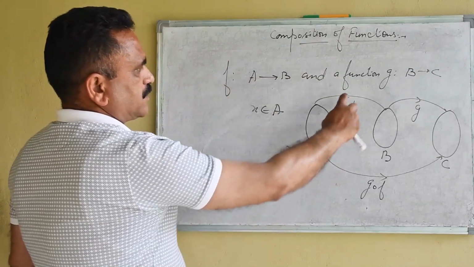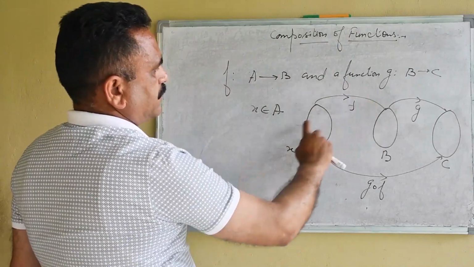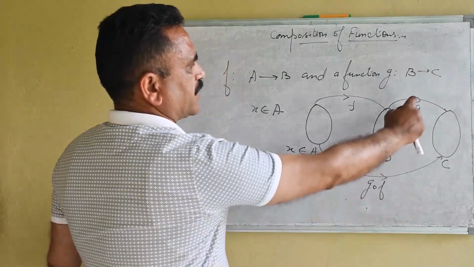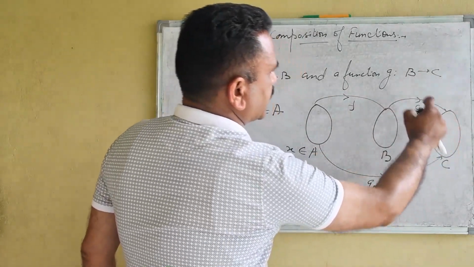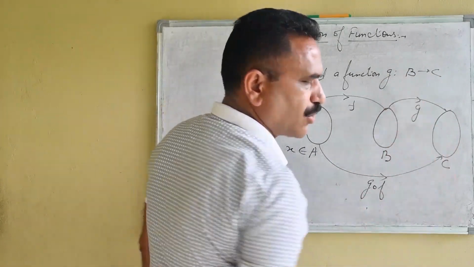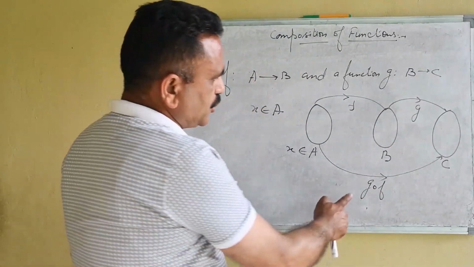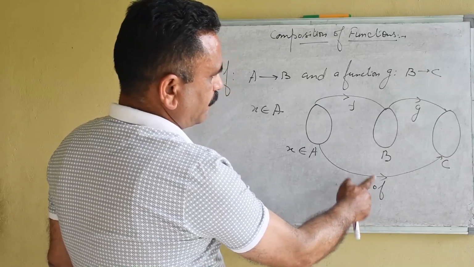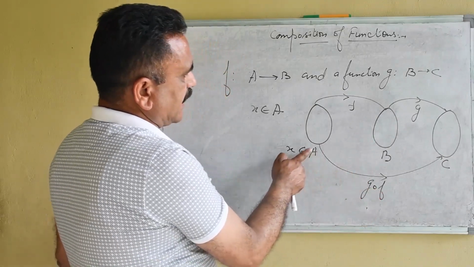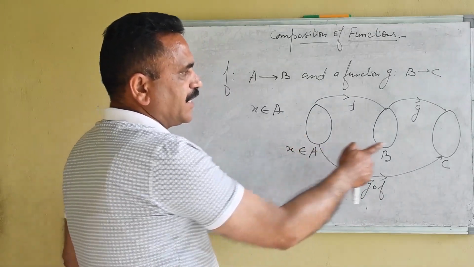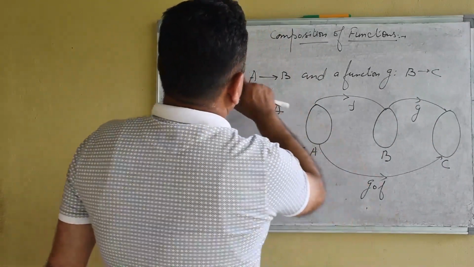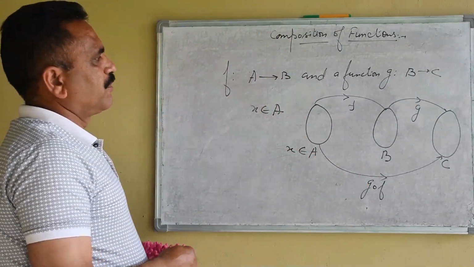The function f connects A and B, and function g is associating elements of B with elements of C. Then g of f, the composition of these two functions, connects the elements of A to elements of C. So how can we define composition of functions?